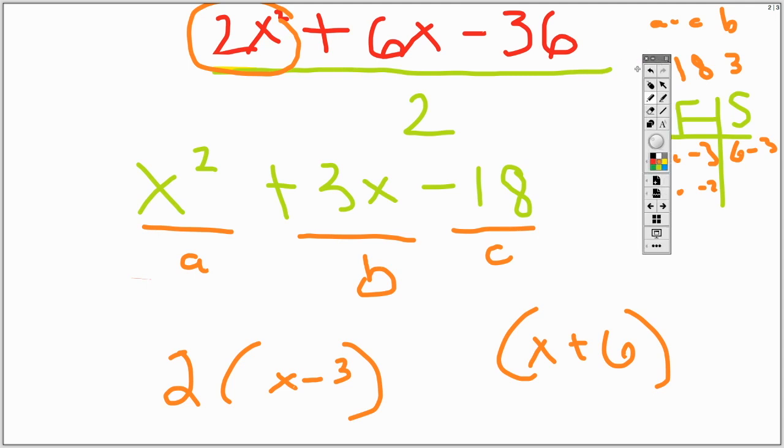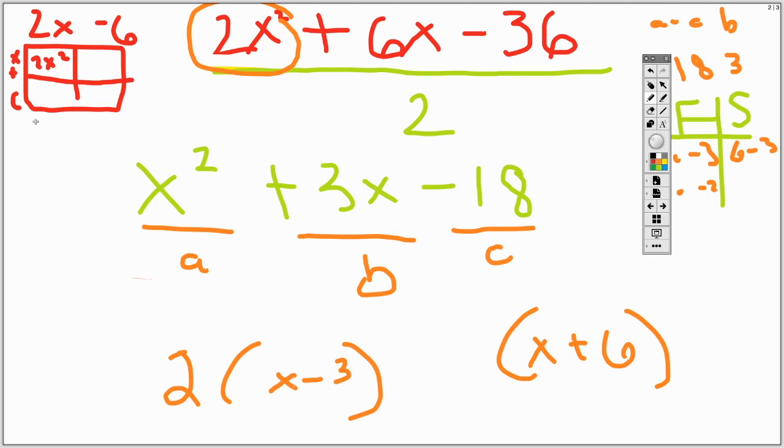So if I take this problem as an example, I would multiply 2 times x minus 3, distributing it, 2x minus 6, times x plus 6. So this becomes 2x to the power of 2. Then x times minus 6 is minus 6x. 6 times 2x is 12x.